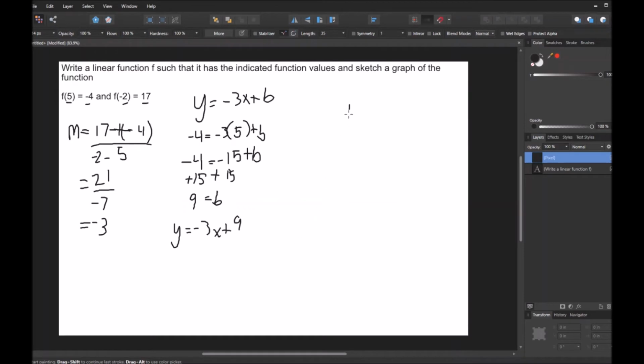So if I was to graph this out, I set it up like this, and I go up 9, so 1, 2, 3, 4, 5, 6, 7, 8, 9. That's where our y-intercept is going to be.